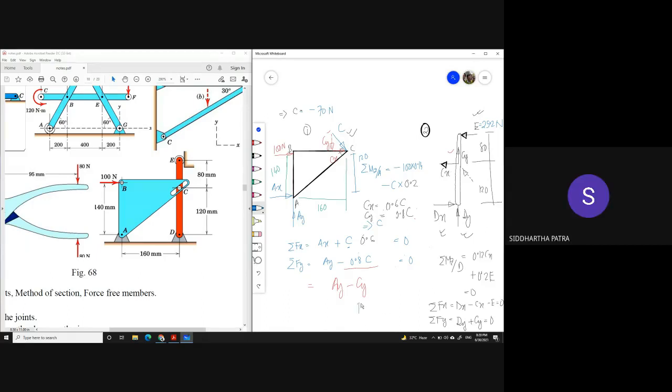So Dx is negative, minus 16.8 Newton. And Dy is coming as 56.